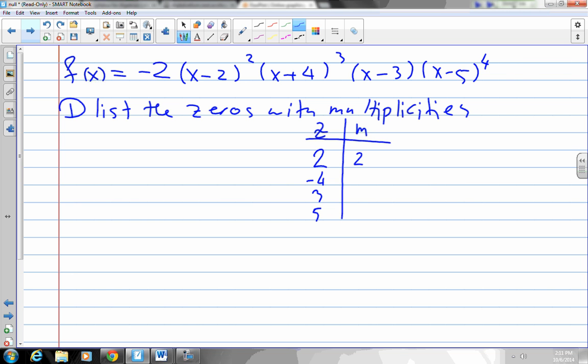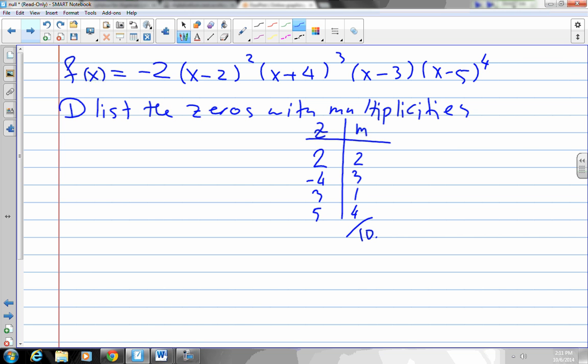You just look at the powers. What's the multiplicity of negative 4 and negative 3? I'm sorry, positive 3. Well, 1. And 5? 4. If you add all the multiplicities, that's the degree of this polynomial. The sum of all multiplicities will tell you the degree, so it looks like 10.